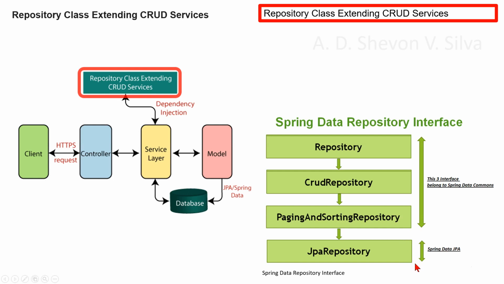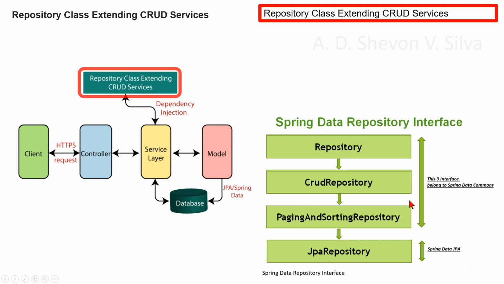We can also consider the difference between CRUD repository and JPA repository. CRUD repository is a base interface and extends the repository interface. JPA repository extends paging and sorting repository, which extends CRUD repository.